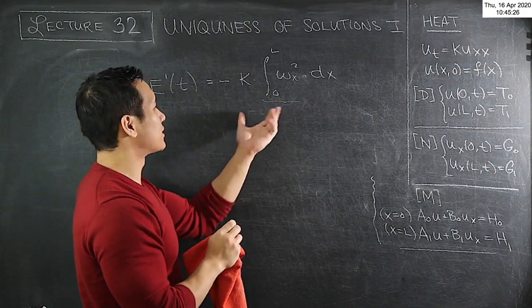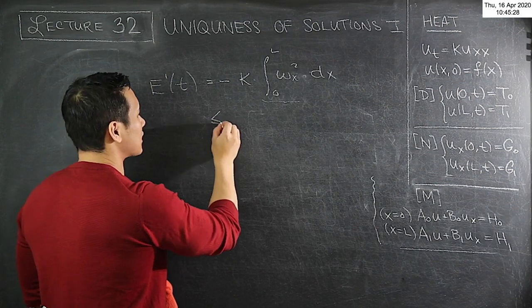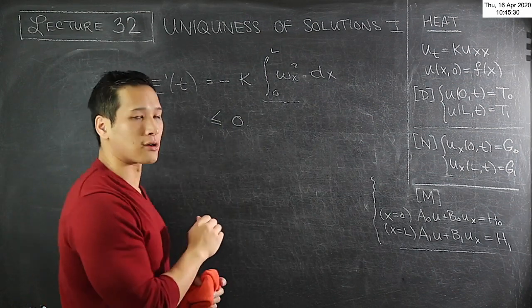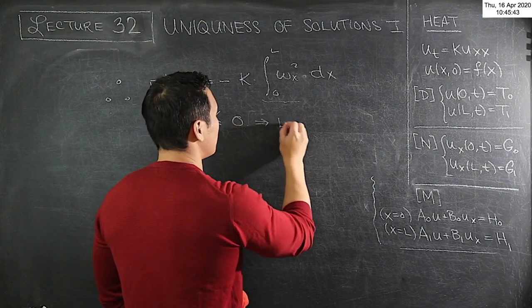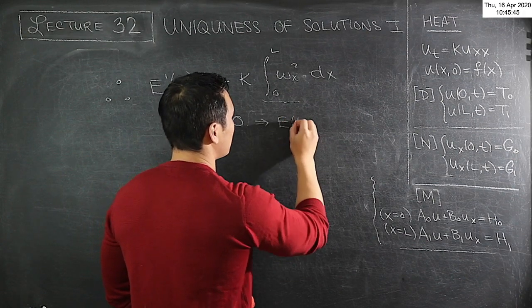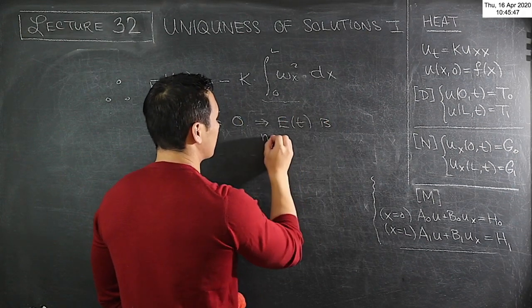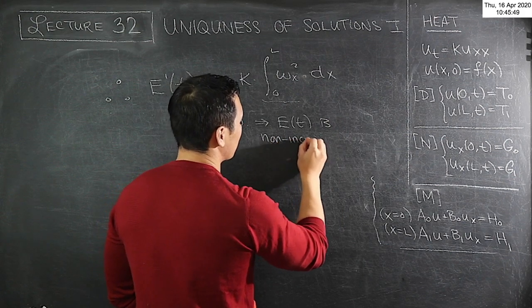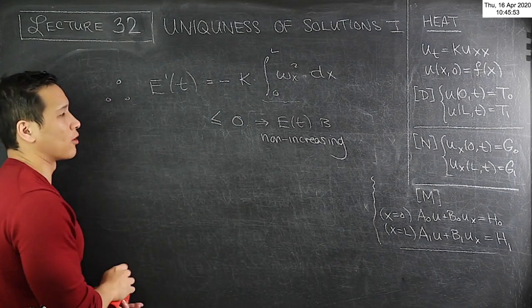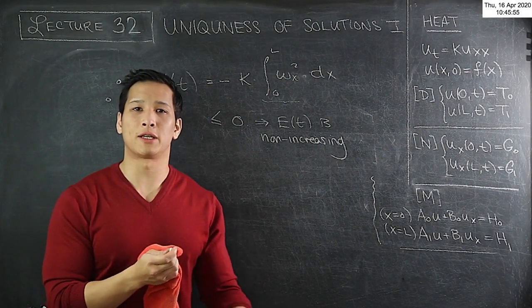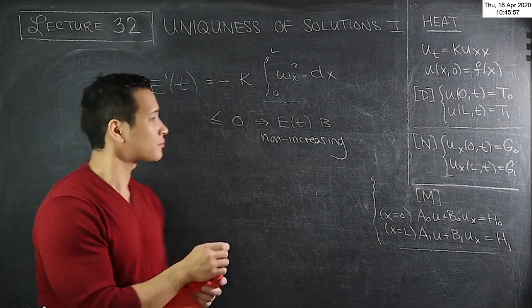So you're going to conclude that this has to be less than or equal to 0. So E of t is non-increasing. It's non-increasing, or if you like, it either has to be decreasing or staying constant.